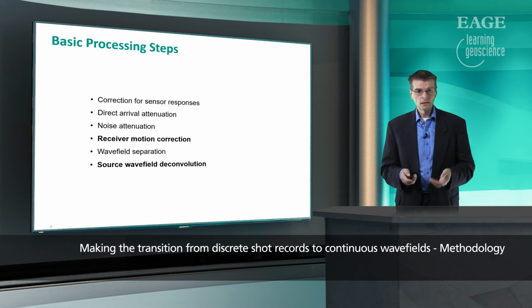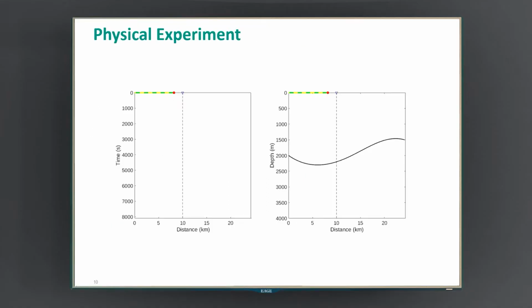Before we go into describing this further, we will show an animation illustrating the physical experiment of seismic acquisition. The green and yellow line illustrates a streamer. The red circle illustrates a source. The blue triangle and the black dashed line illustrate a stationary receiver position.